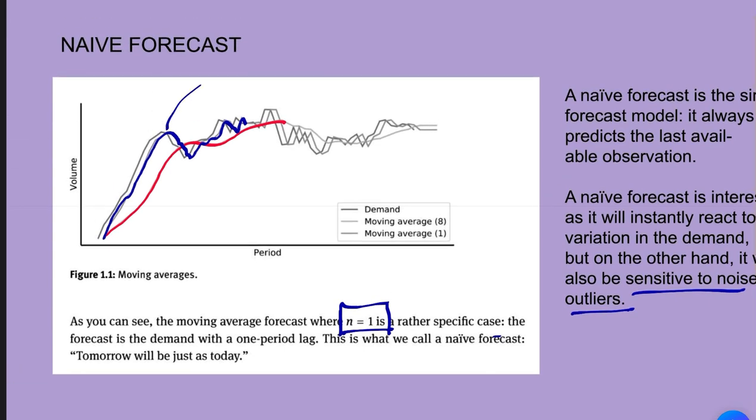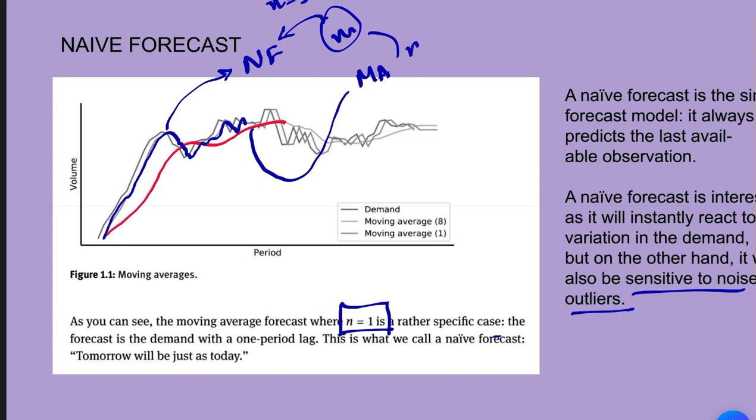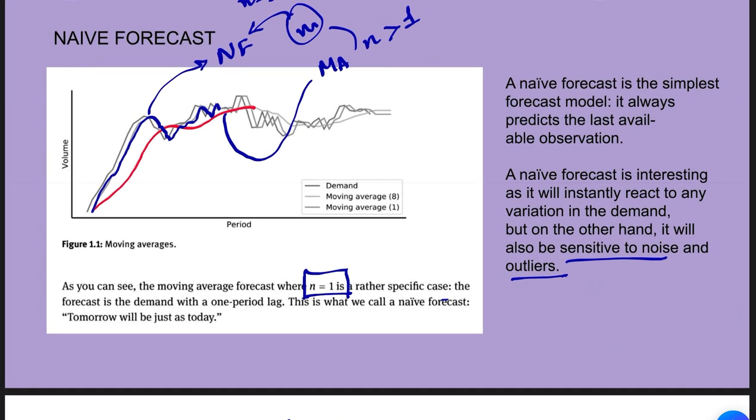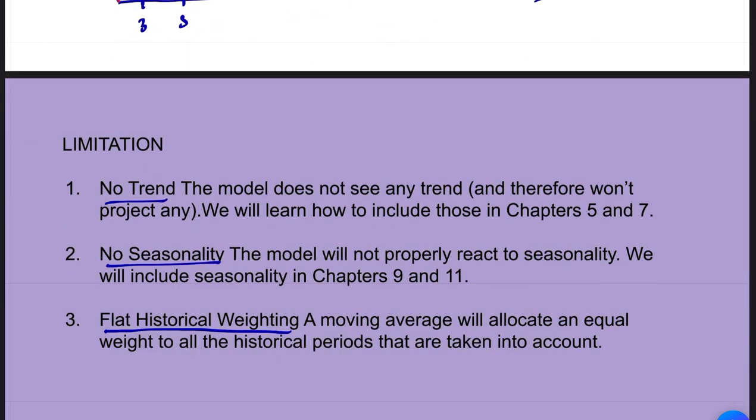So the blue line that you are seeing is the naive forecast, and the red line is the moving average line. The difference is the value of n that we are using: over here n equals 1, and over here the value can be greater than 1. So this is one of the differences.